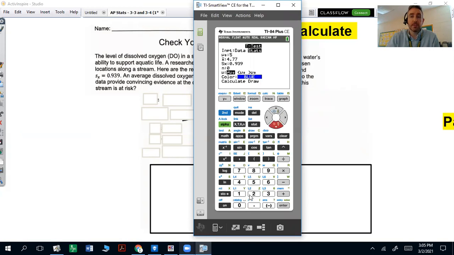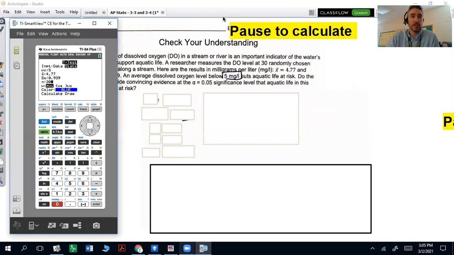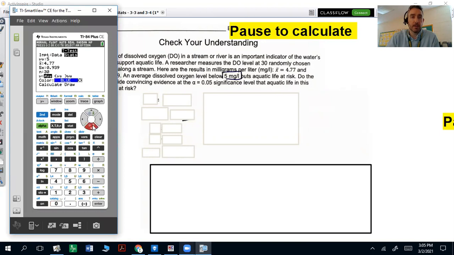And your sample size was 30. So all that was given to you in the problem. We didn't have to actually figure anything out. The direction, since it's less than, we're going to go down here and select the less than. And we're going to go down to calculate. You ready?